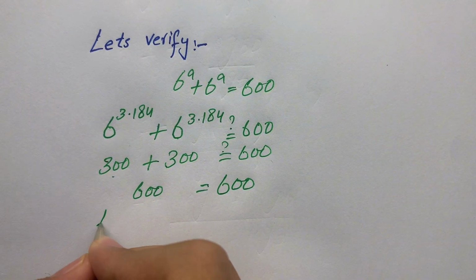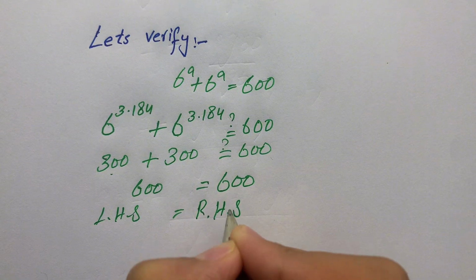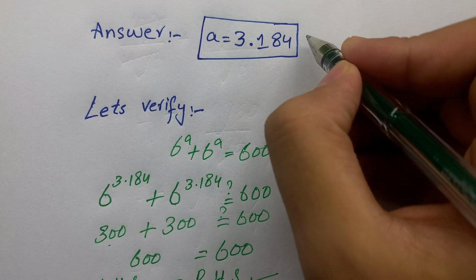Our left hand side is equal to the right hand side. Now our answer is verified and the value of a is 3.184.